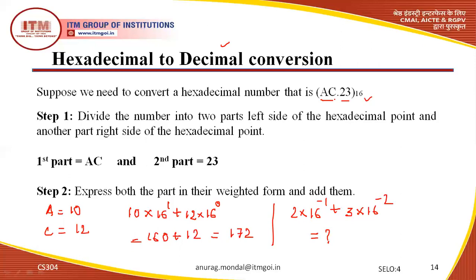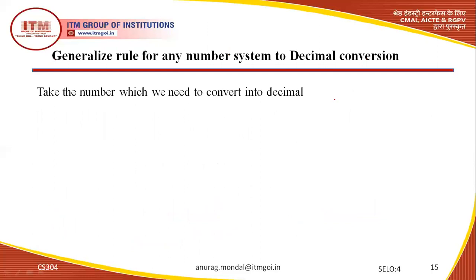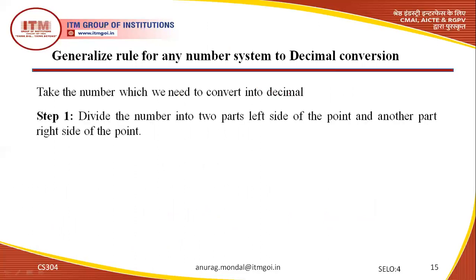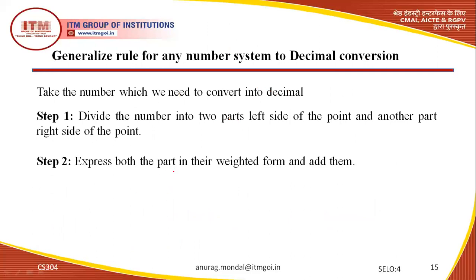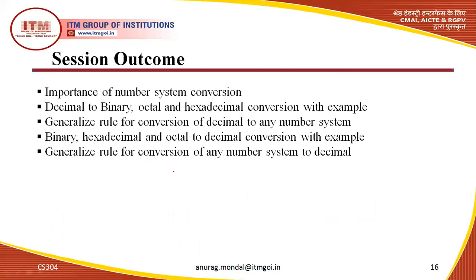Second step is to write down each part in its weighted form and add. So the generalized rule: take the number which we need to convert into decimal, divide it into two parts, discarding the decimal point, octal point or binary point. Next, express the two parts in weighted form and add all of them. Okay, so this is all about today's class.